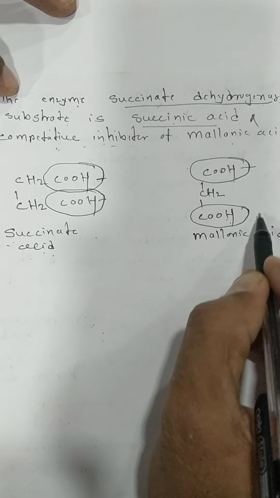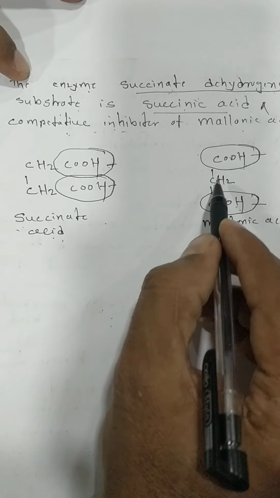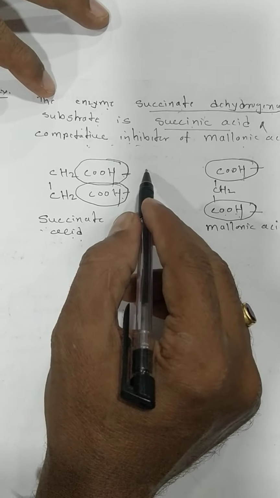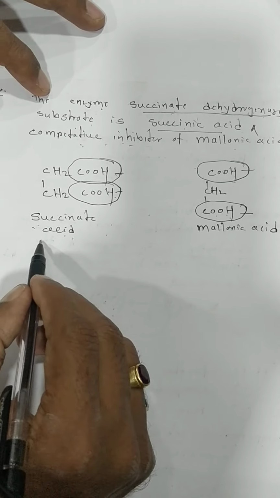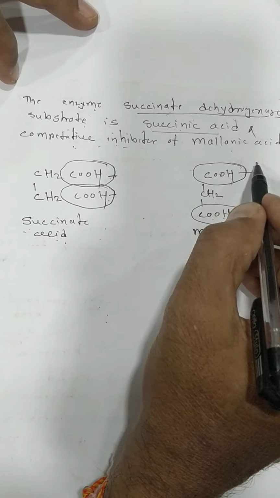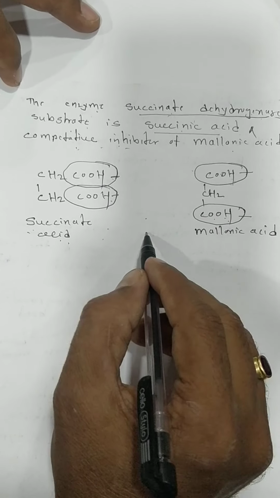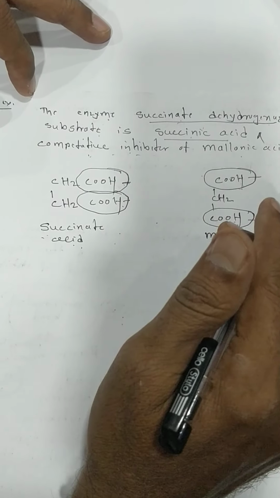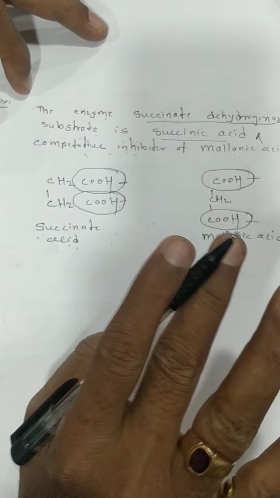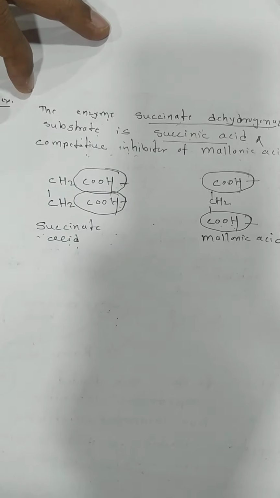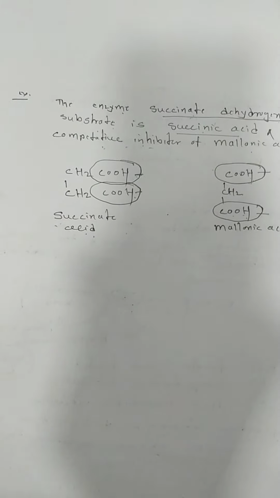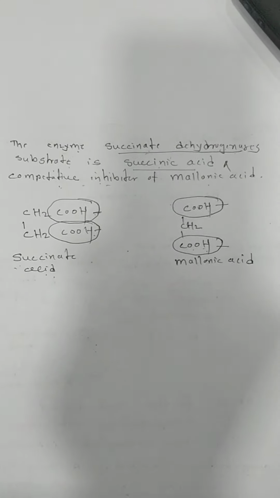The acid group, C double bond OH, and due to the structural similarity it is called competitive inhibition. It is a reversible reaction. If the inhibitor is removed, the reaction is reversed. This is the example of competitive inhibition.